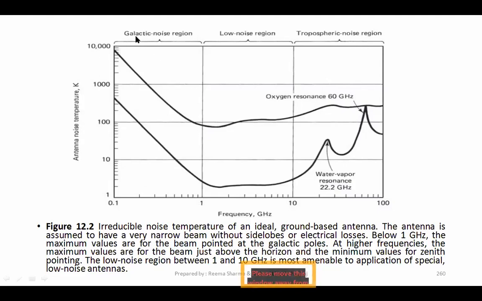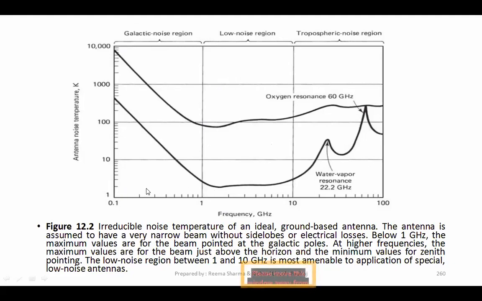This is called the galactic noise region. When the frequency is in the mid-range from 1 to 10 gigahertz, it is called the low noise region, because that's when it drastically drops from 10,000 to 100. Somewhere in 100 to a few kelvins is manageable.